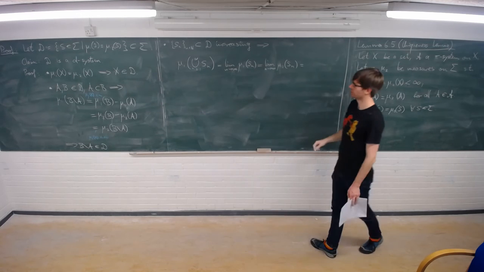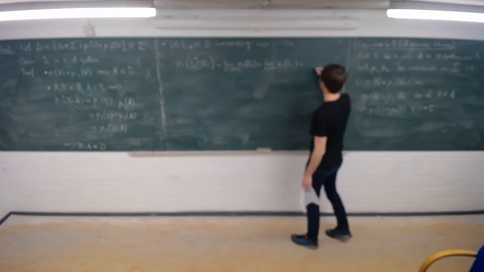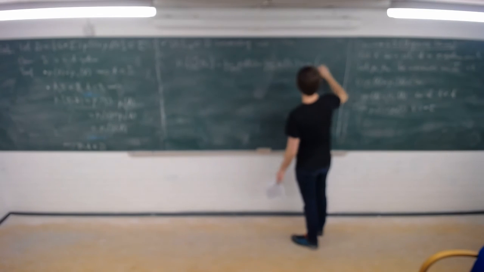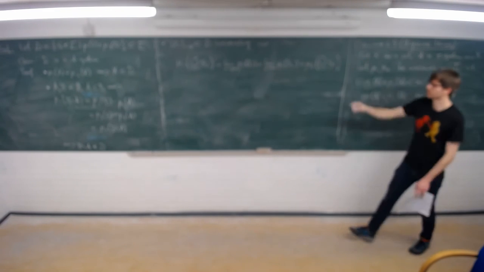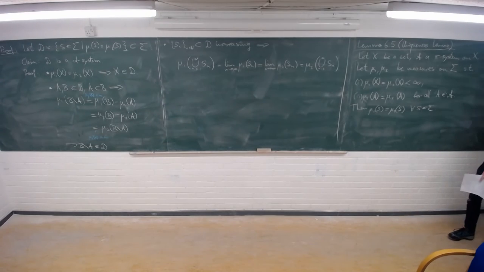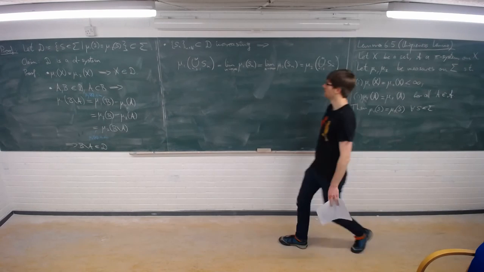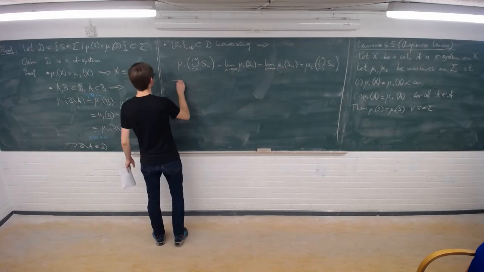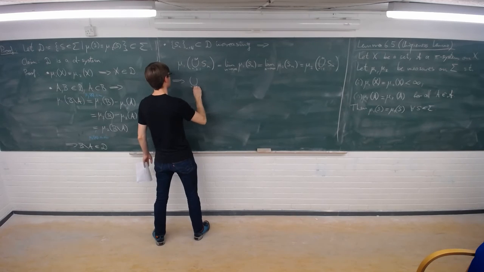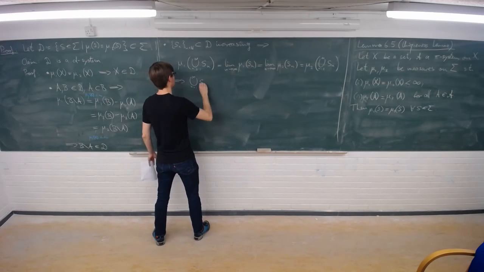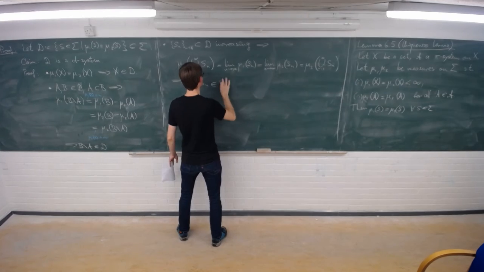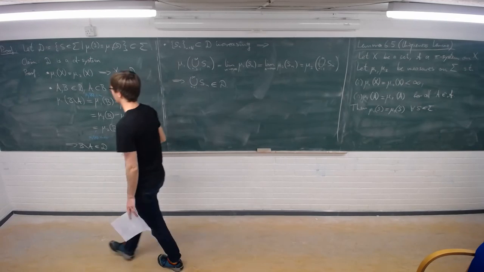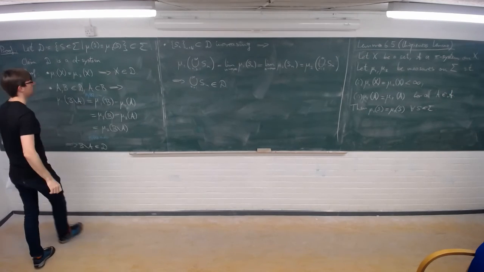And now the monotone convergence theorem for sets again. This is mu2 of the union of Sn. So mu1 and mu2 agree on the union of all the Sn, which means the union of Sn is in D. Okay, so this proves the claim.